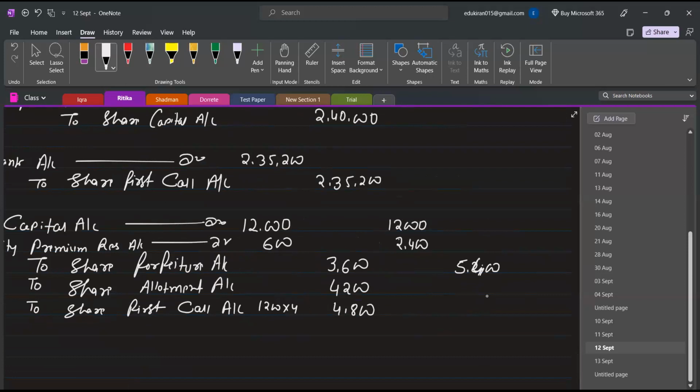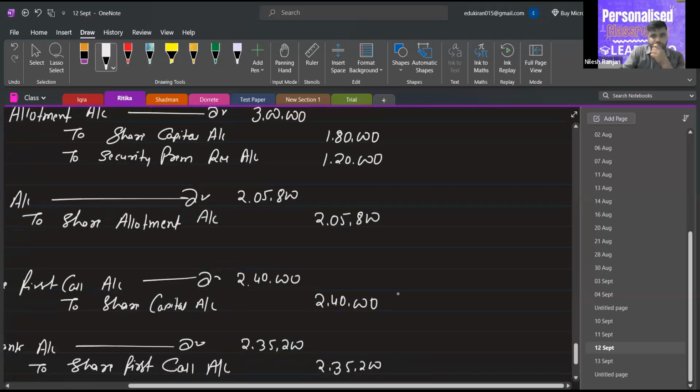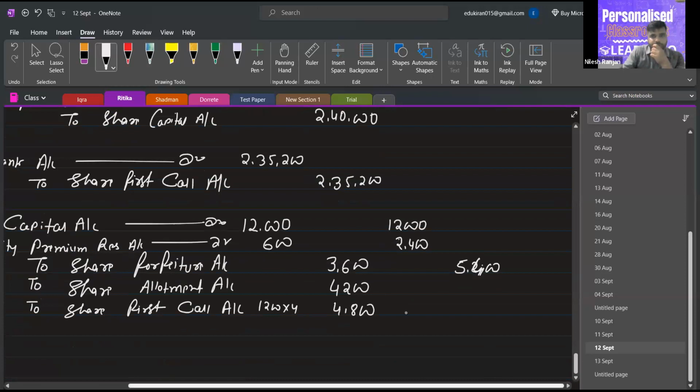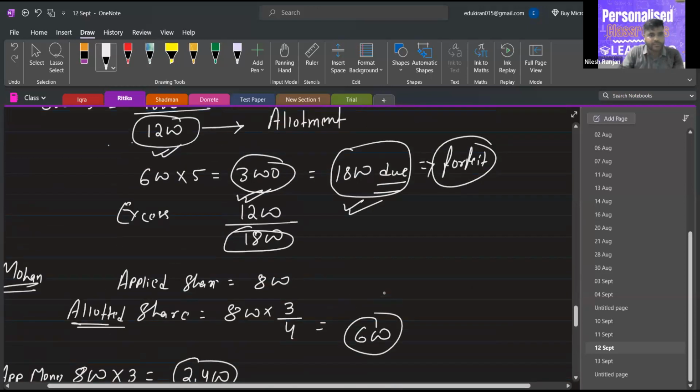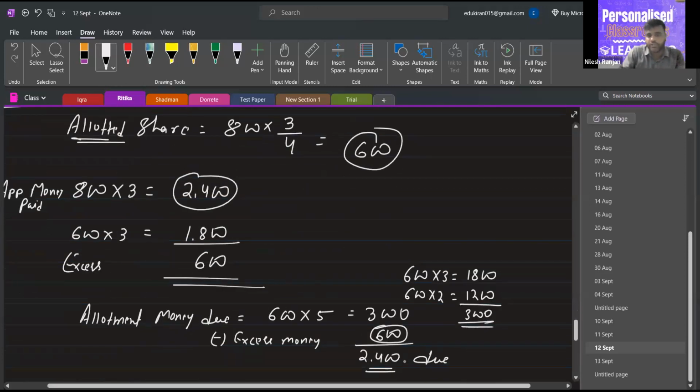And the allotment money will be a total of 2,400 and the due amount is 1800 here and 2400 due here.